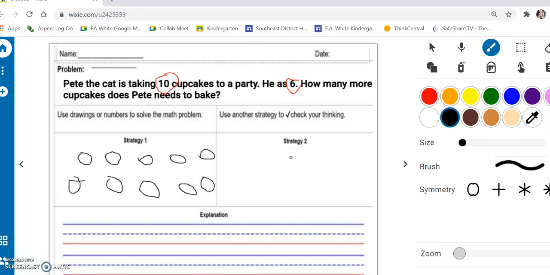Looking back at my problem, I know that Pete already has 6 cupcakes. To show that, I might circle the ones I have. Now I'm looking at what's left. It looks like I need 4 more cupcakes.